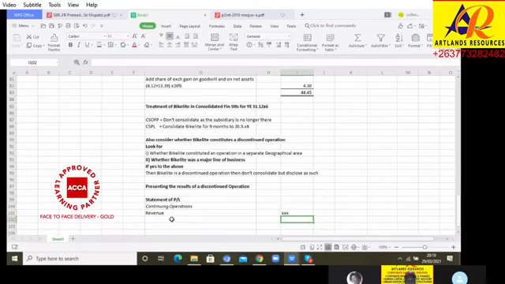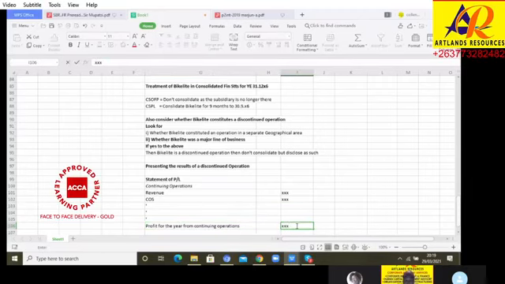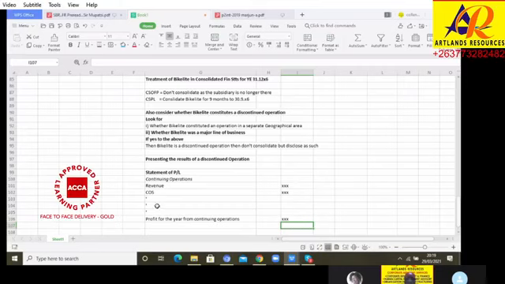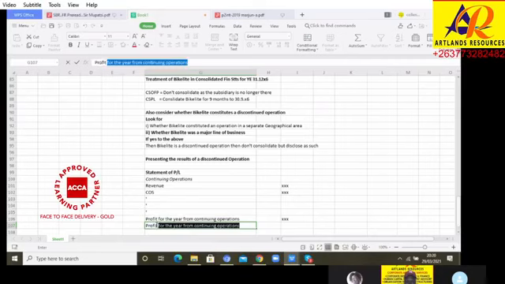dash. You don't consolidate a discontinued operation. Then you say cost of sales. You know the usual thing. Then you proceed doing the same, up to profit for the year from continuing operations. And then you say profit or loss from discontinued operation.